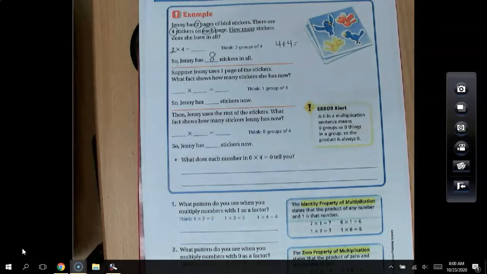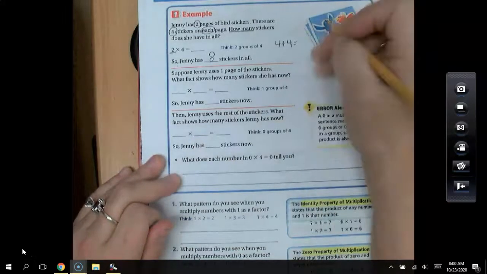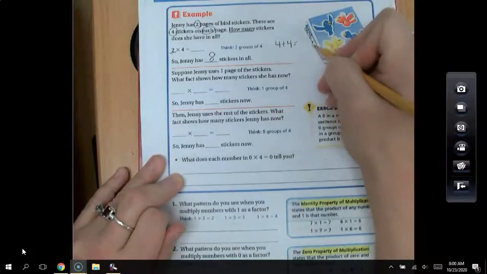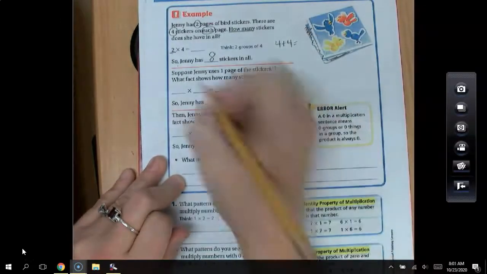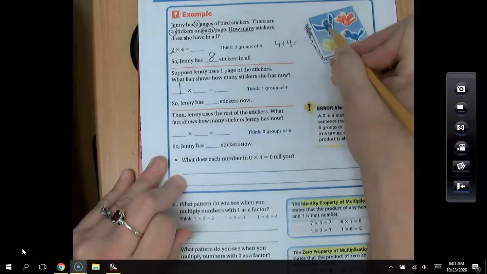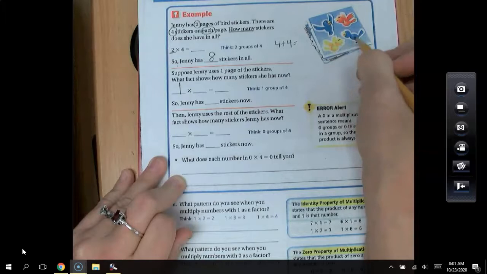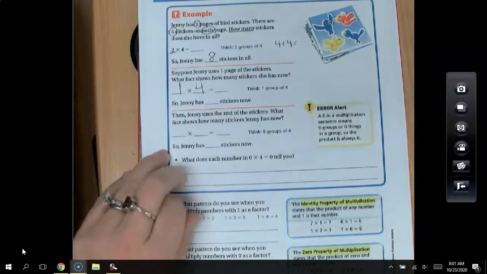Well, suppose that Jenny uses 1 page of the stickers. What fact shows how many stickers she has now? Well, if she only uses 1 page, we don't even look at that second page down there. It's not even there anymore. She uses 1 page, and there are still 4 stickers on this page.